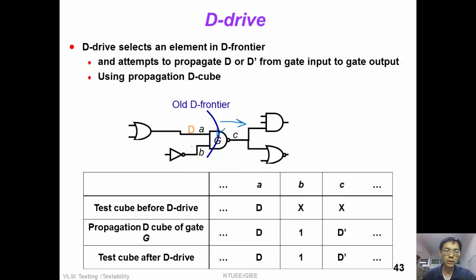We assign the side input B to be 1 and we would propagate this D from input A to output C. So now we have 2 new D frontiers. When we do the D-drive, we need to use the propagation D-cube.